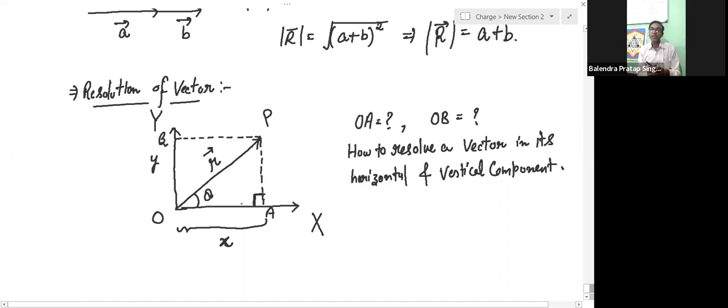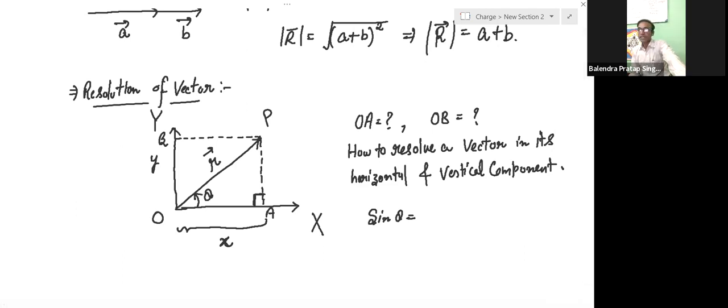For this right angle triangle, first try to find sine theta. This is our angle theta, and what will be the value of sine theta?